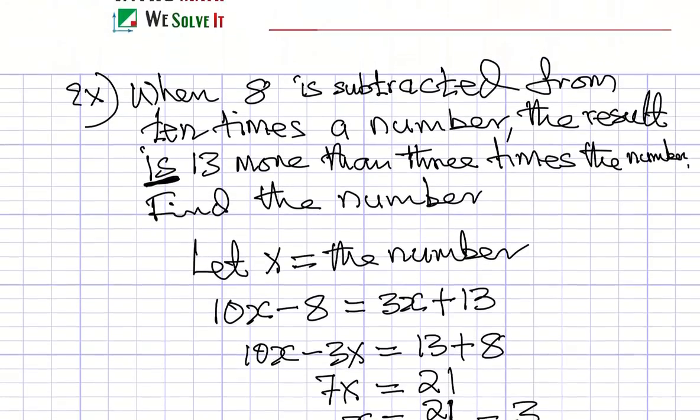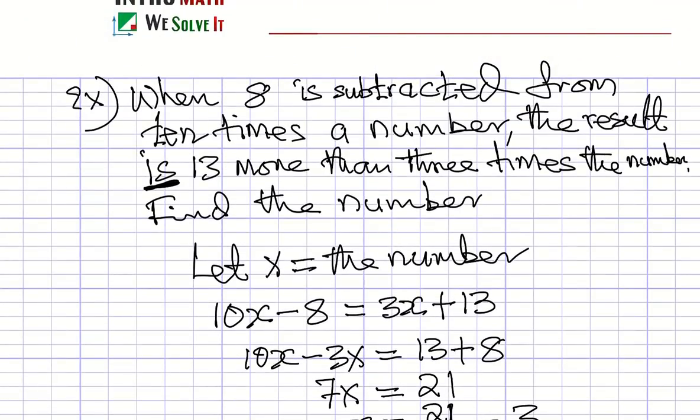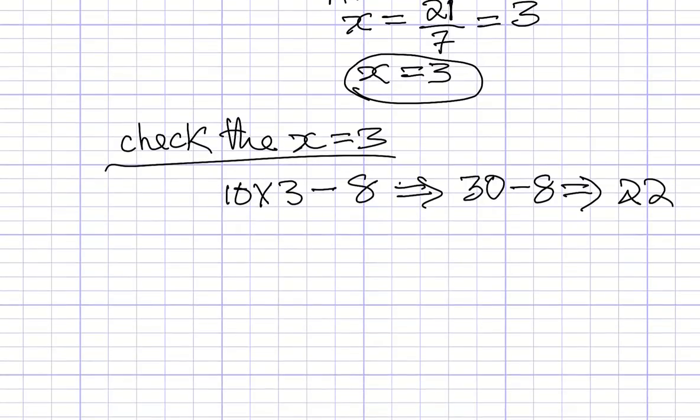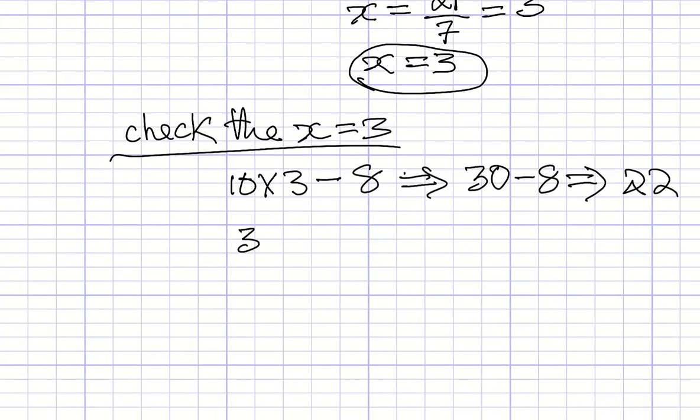And then see the other half. It says the result is 13 more than 3 times the number. 3 times the number, pick up on that. 3 times the number is 3 times 3. Remember, we found x is 3 right here. And then it said 13 more. Add 13.